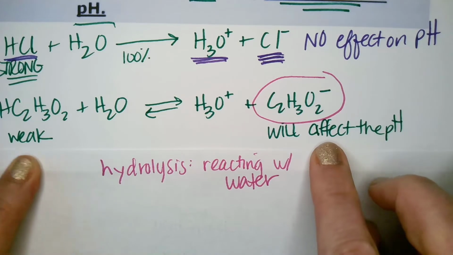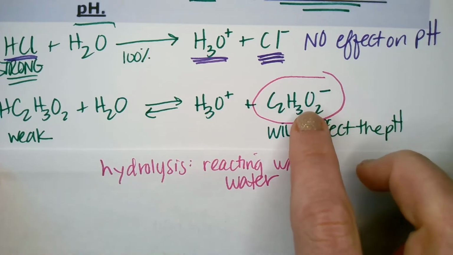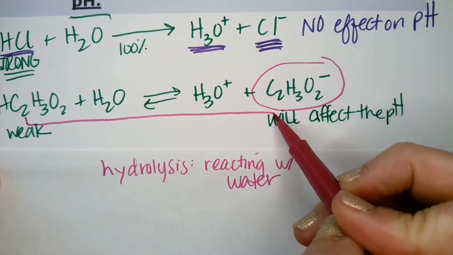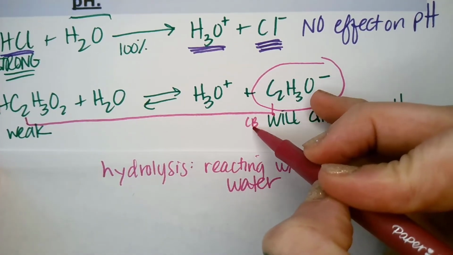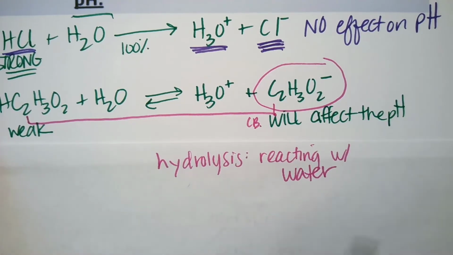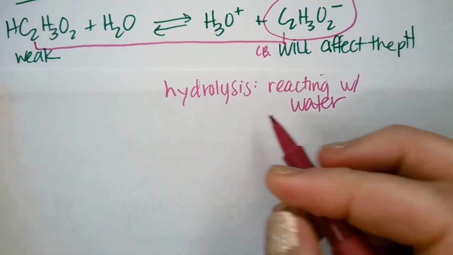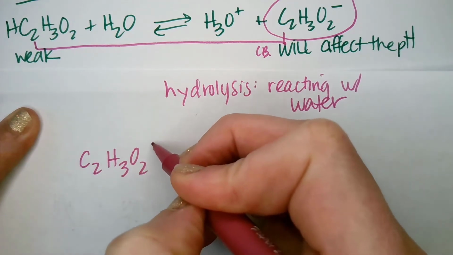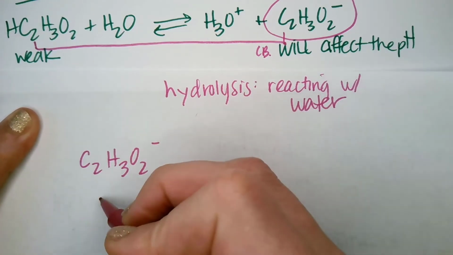That means we are taking our X minus, that base, that will affect the pH. We are reacting that base, because this is our acid, this is our conjugate base. We're taking that base, reacting it with water. Let's see what happens.